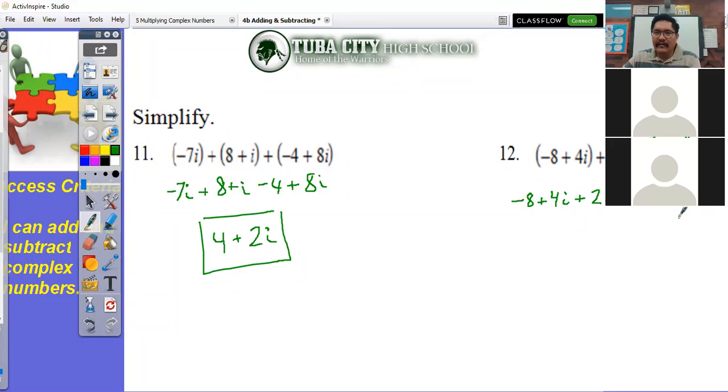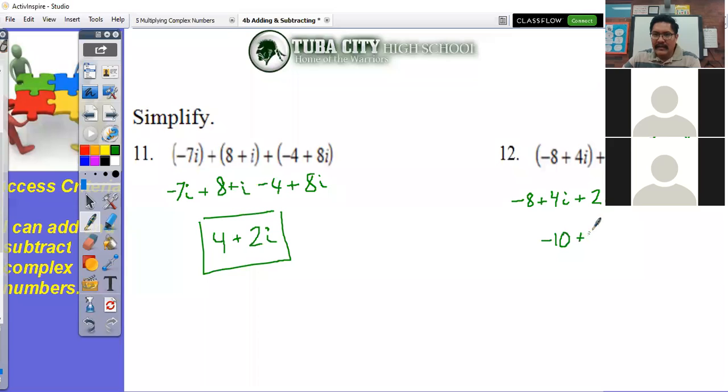And then from here again, we're going to start with our real numbers. So -2, -8, put them together, and I have -10. Now I'm going to go through and look at my imaginary terms. So looking for the imaginary numbers, 4, 2, and 6.